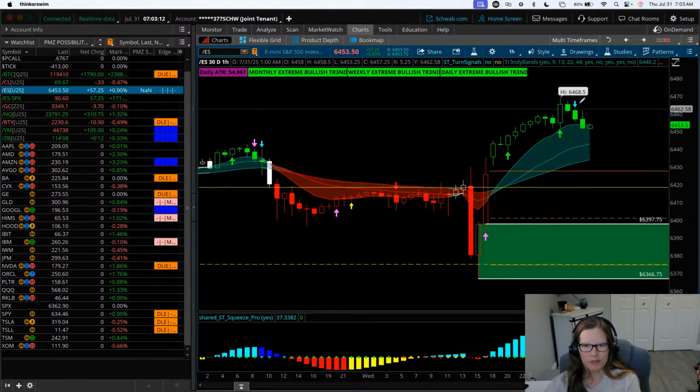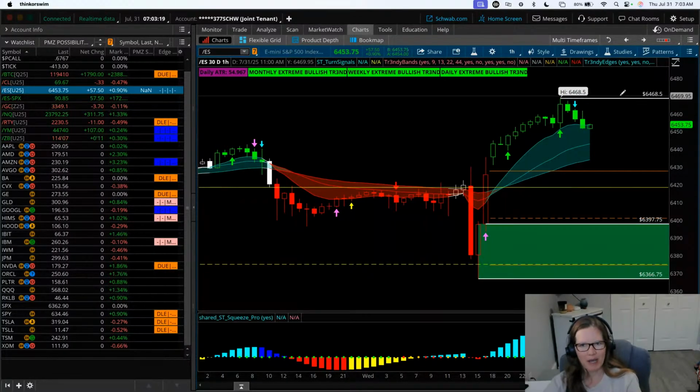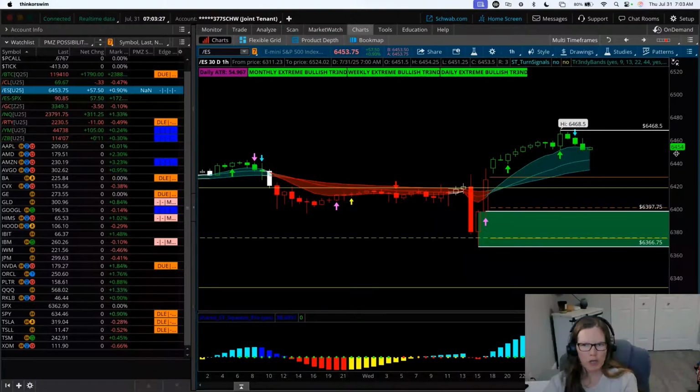After that, I want to go up and mark the new all-time high, 6468. The next thing I think about here is, all right, there's a beautiful big round number up and above. So on a bullish trending day, that big round number is 6,500, right?